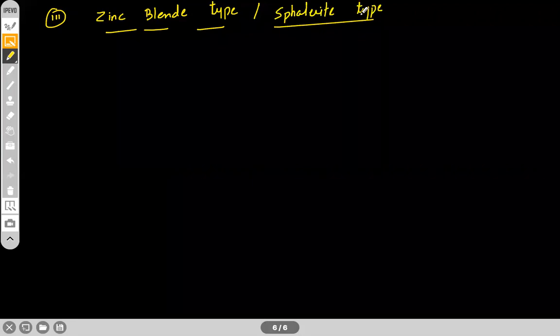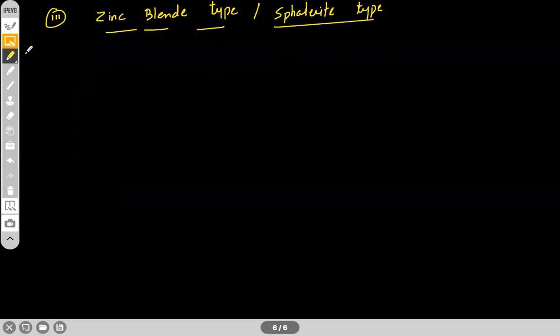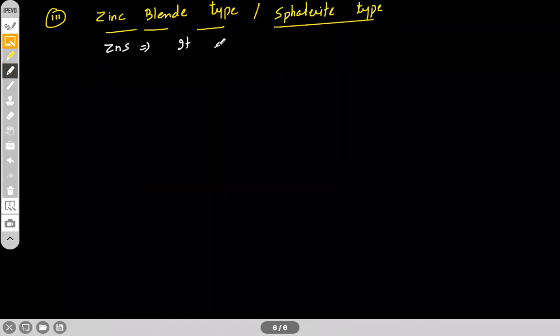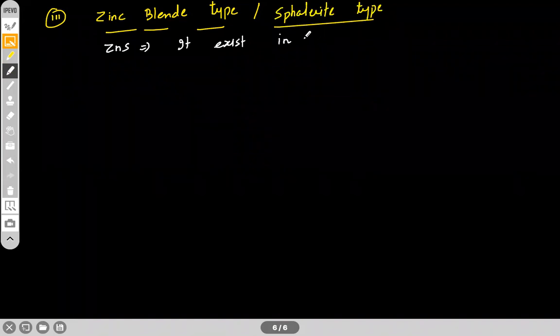Okay. This zinc blende is ZnS. Write down, it exists in two different forms.